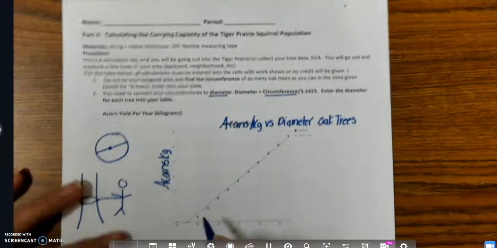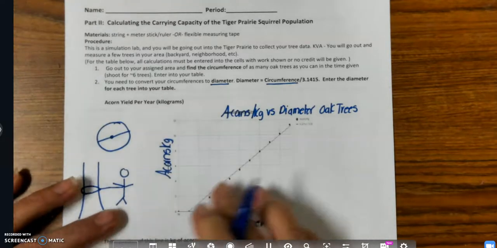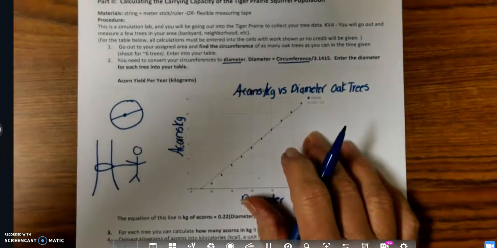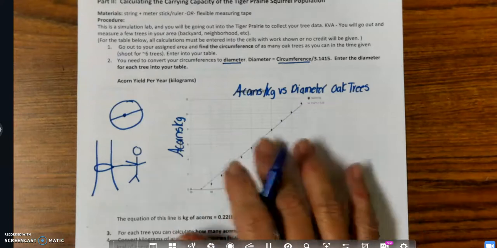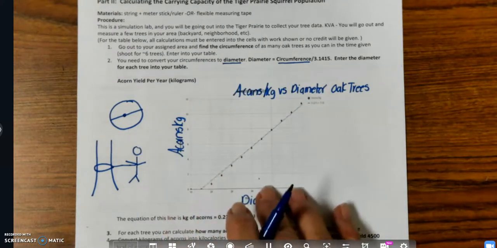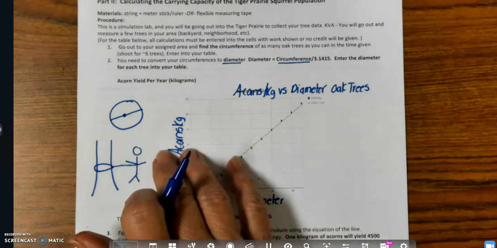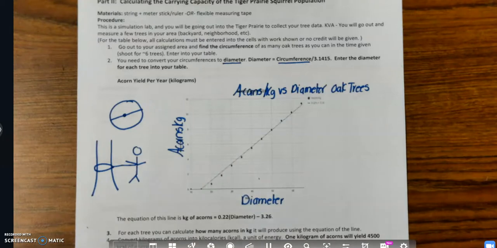So this is acorns in kilograms, and then this is diameter. As you notice, it gives us a really nice straight line. A couple years ago, we did this all with Google Sheets, but we're going to do it all by hand. So if I get my diameters, I can use the equation of this line to find out how many kilograms of acorns I have, and on and on. So we're going to walk through the calculations.